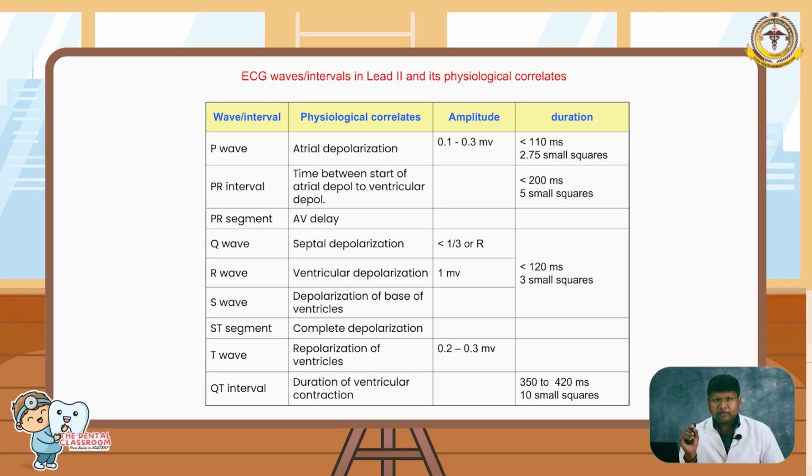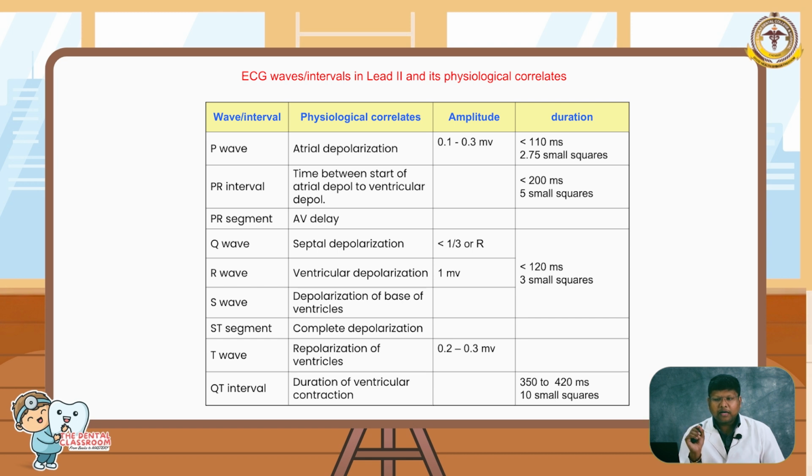The P wave is mainly produced by atrial depolarization. The amplitude is 0.1 to 0.3 millivolt. The duration is less than 110 milliseconds. The PR interval is the time taken between atrial depolarization and ventricular depolarization. The PR segment is due to the AV nodal delay, already discussed.